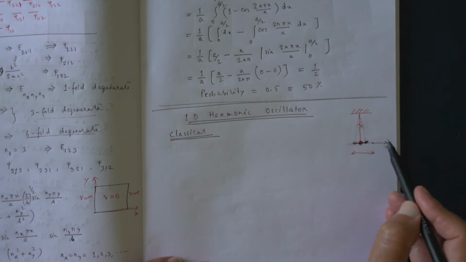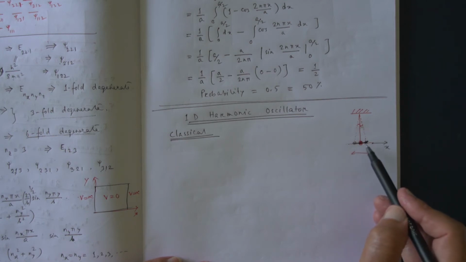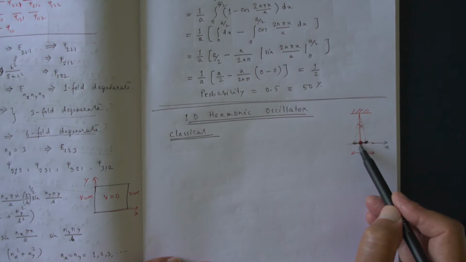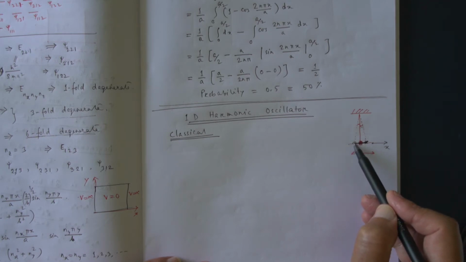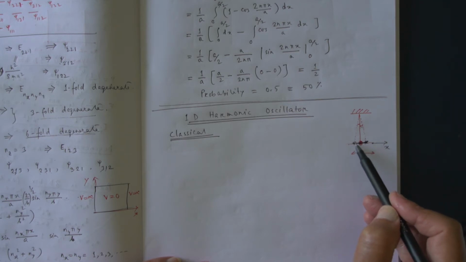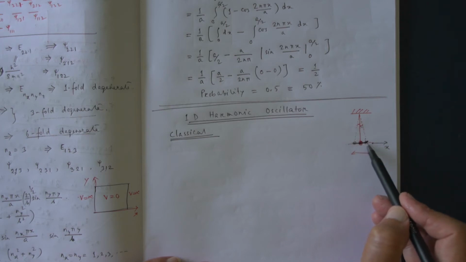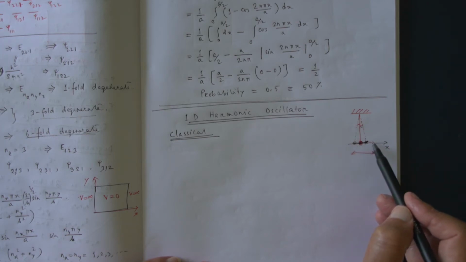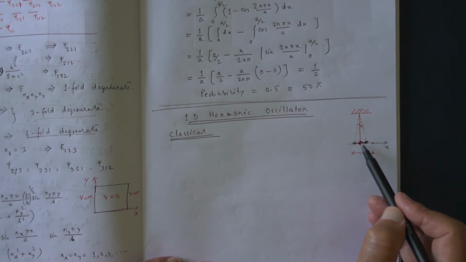So potential energy fluctuates. Here potential energy is not 0.